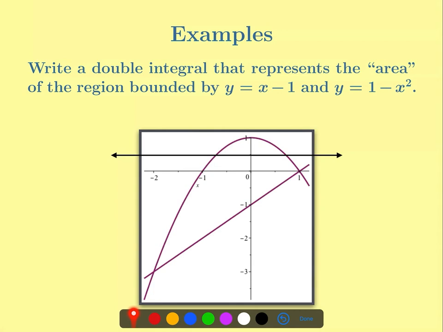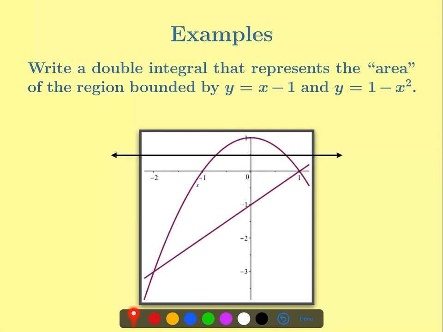And what we'd have to do if we're going to integrate dx dy is to split up this integral right along this line here. So from minus 3 to 0, we're integrating from this parabola to this line, and then from 0 to 1, we're integrating from part of this parabola to the other part of the parabola. That sounds a bit difficult. So let's not do it that way.